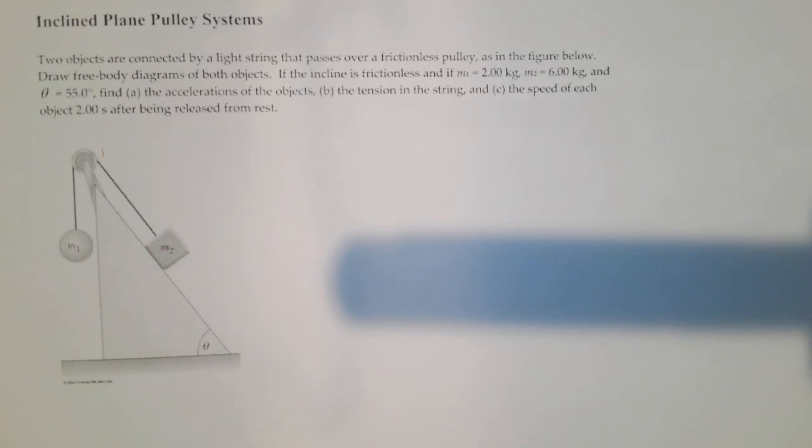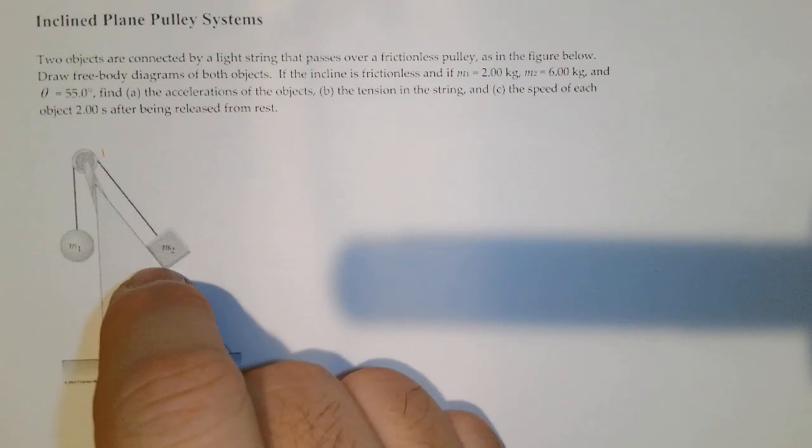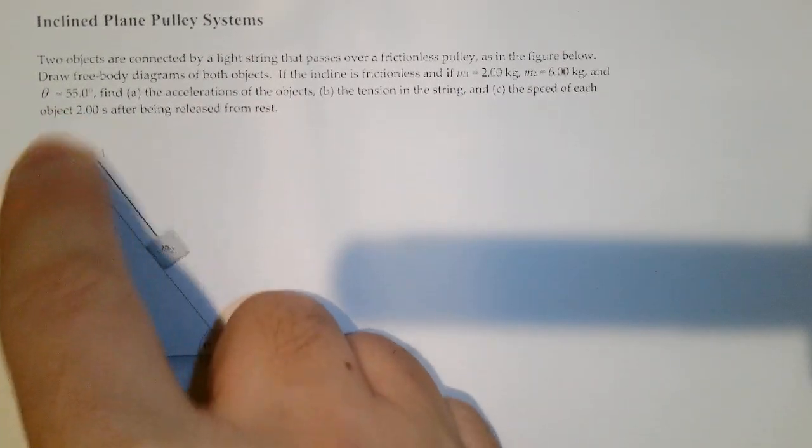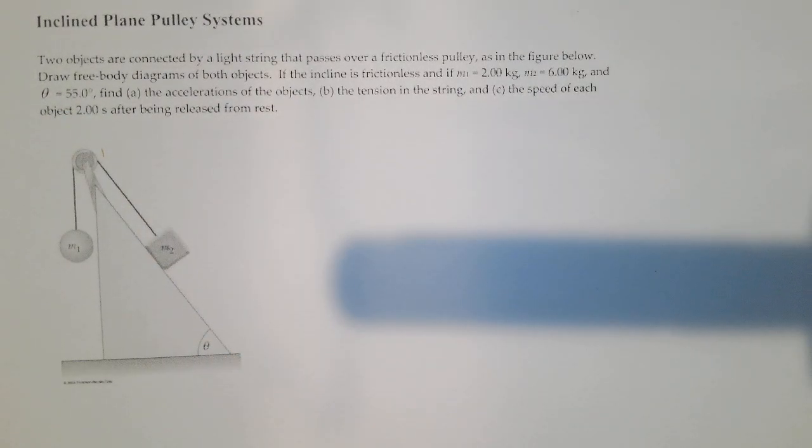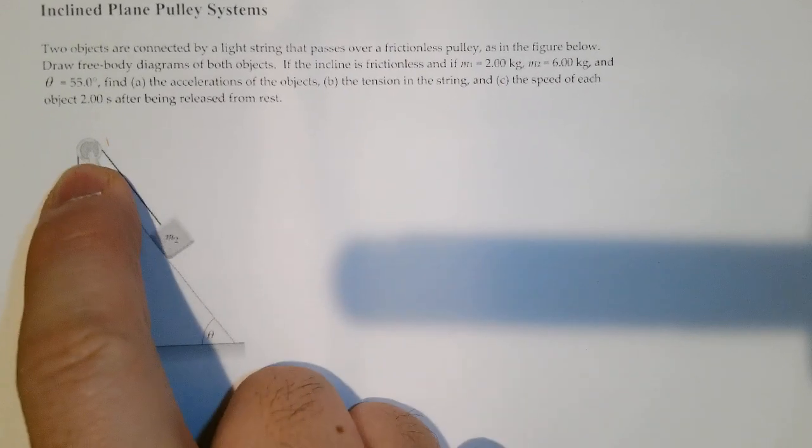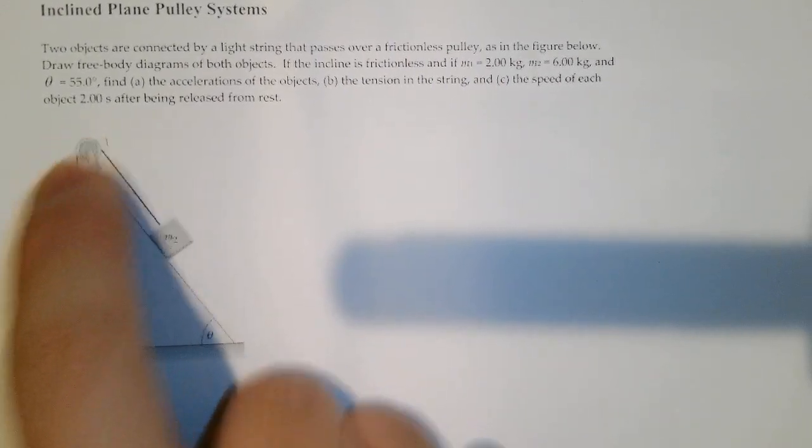B, the tension in the string. The tension is also going to be the same for the whole string, because we're saying it's a frictionless, massless pulley. C, the speed of the object 2 seconds after being released from rest.